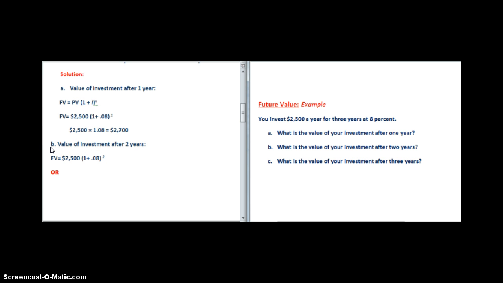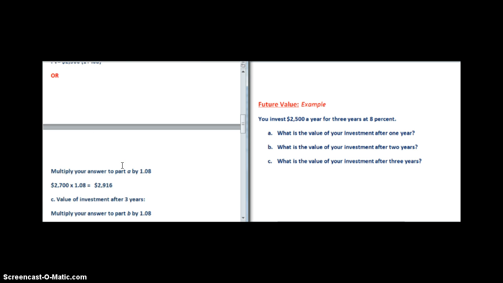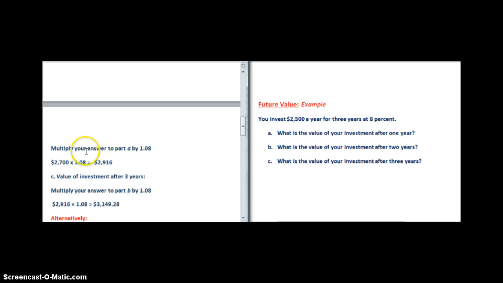Now let's come to the B part of the question, which is the value of this investment after 2 years. Again, you begin by substituting the present value with $2,500 into 1 plus 0.08 to the power n, which in this question will be 2 years. You can either solve the B part in this manner, or the easier way is to multiply your answer to part A by 1.08.